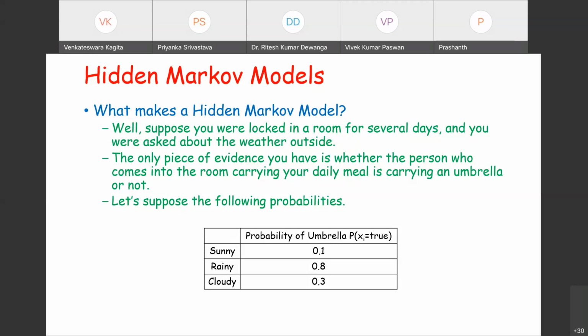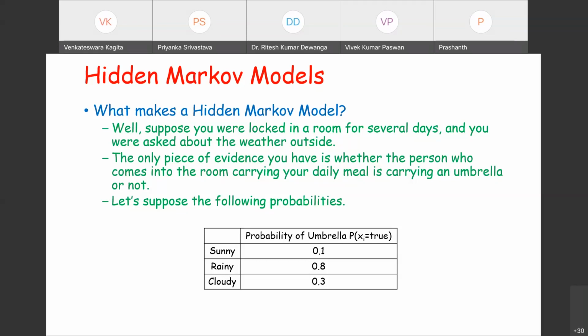This is the only piece of evidence that you have. So the actual weather is hidden from you, but there is some observation with you. What is that observation? Whether the person coming to you is carrying an umbrella or not. Based on that observation, we need to tell what the weather is outside.